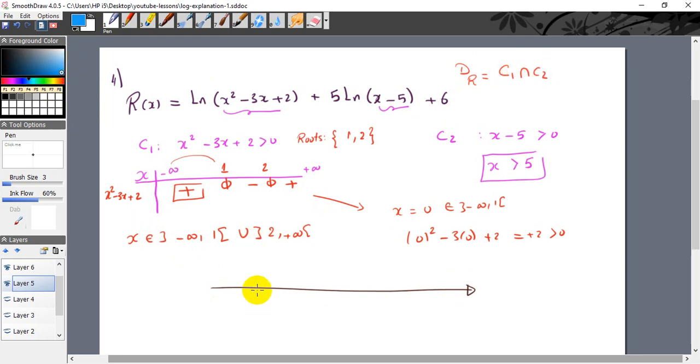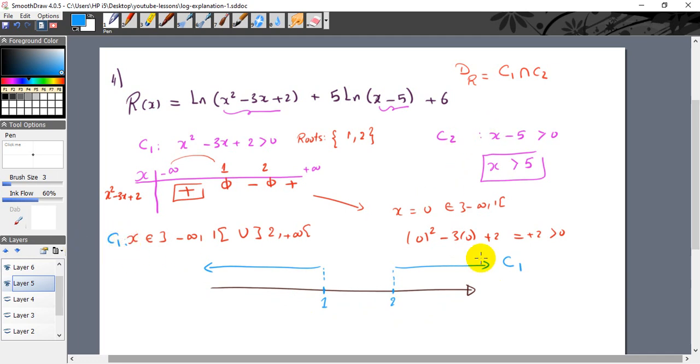Now, C1 is a value between minus infinity and 1. This is 1, dotted, because 1 is not included. Union 2, also dotted, because 2 is not included. This is condition 1, this is C1.